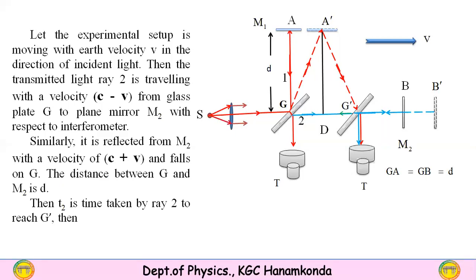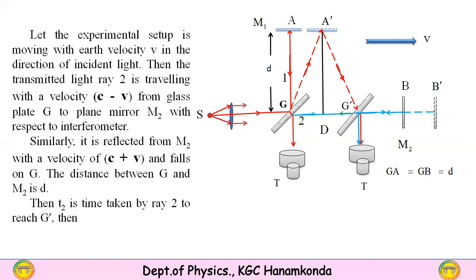Therefore, the transmitted ray 2 is traveling with a velocity of c minus v, because the velocity of Earth is already there. The velocity will be c minus v from glass plate G to plane mirror M2 with respect to the interferometer, with respect to this entire setup.